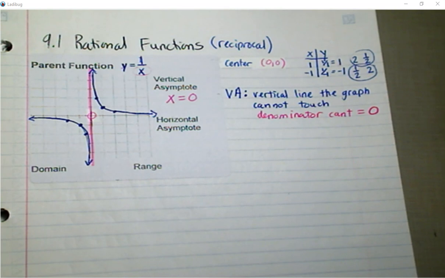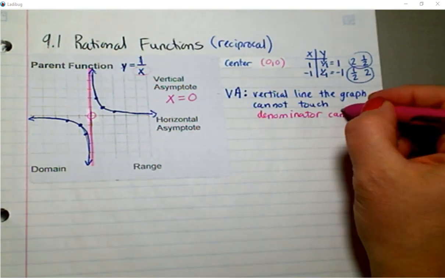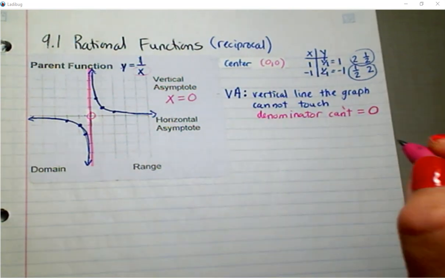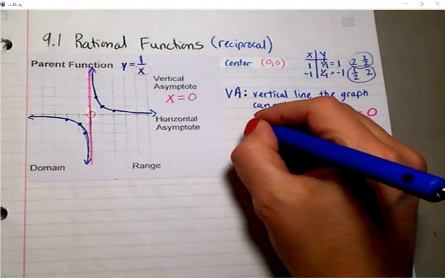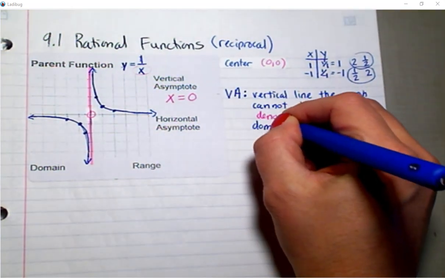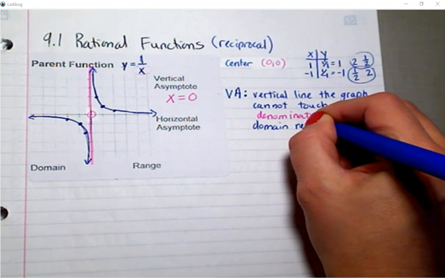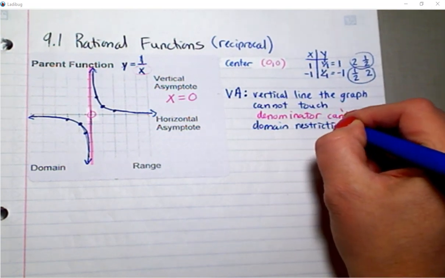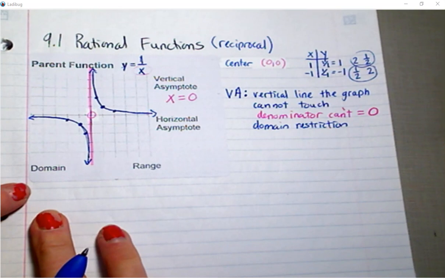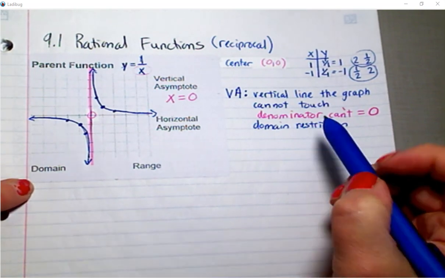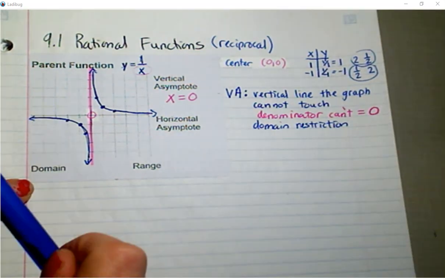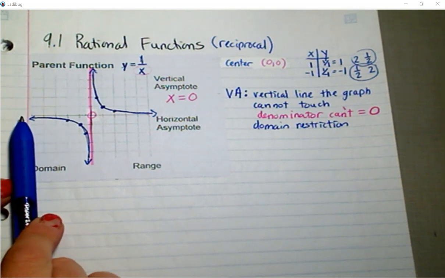It's those domain restrictions that we have already been finding. Now notice how I said domain restriction. So I'm going to come down here and do the domain at this point because I'm looking at the vertical asymptote. I'm just going to follow my graph from left to right.